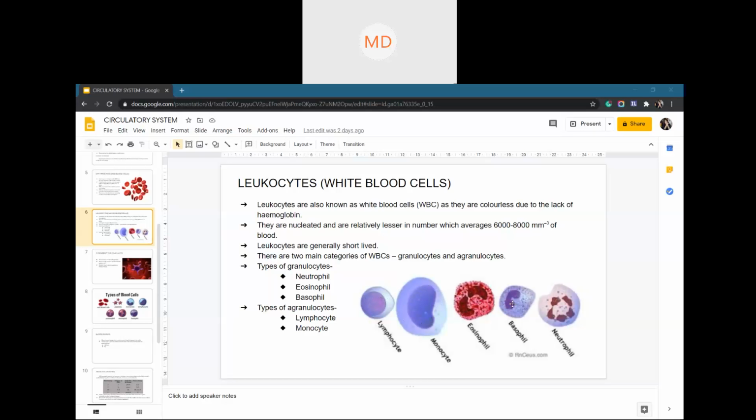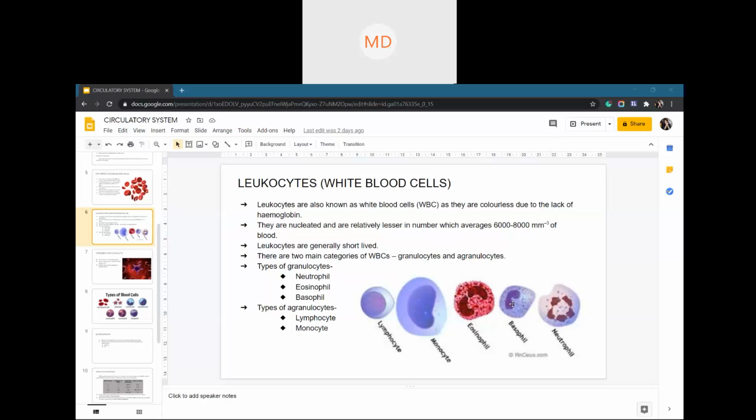The number of white blood cells is less than that of red blood cells. Red blood cells are the most abundant. Abundant means highest in number, but white blood cells are a little bit less. For red blood cells there were no types, there is only one type.